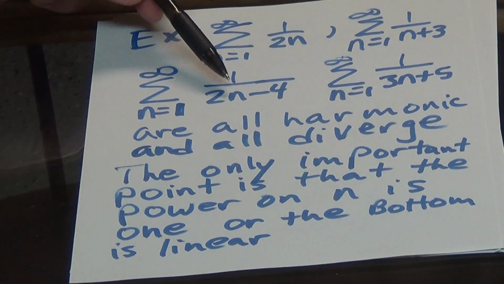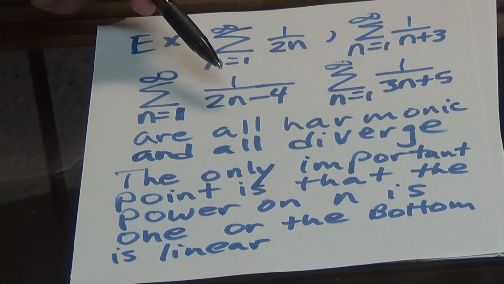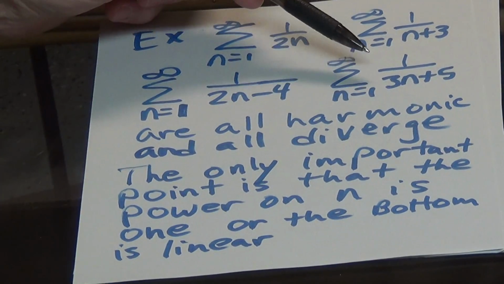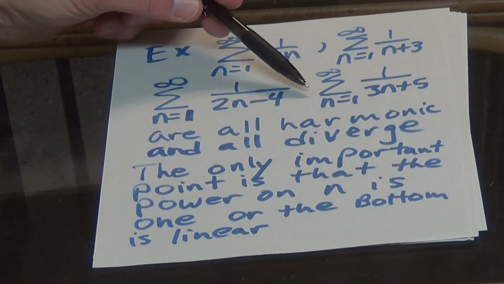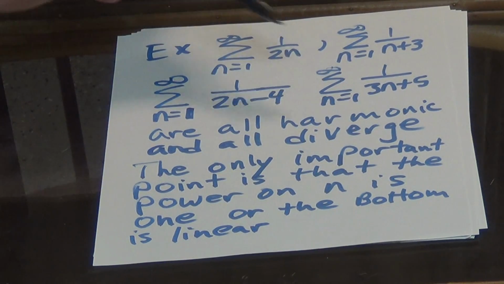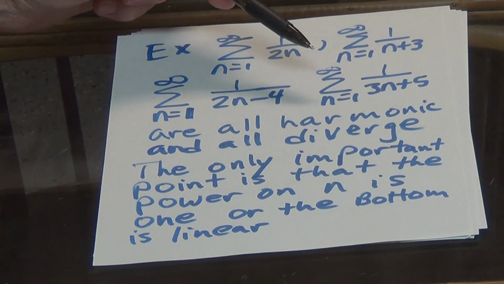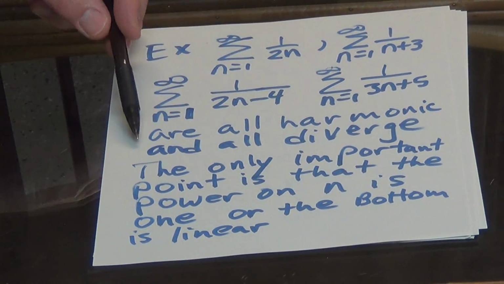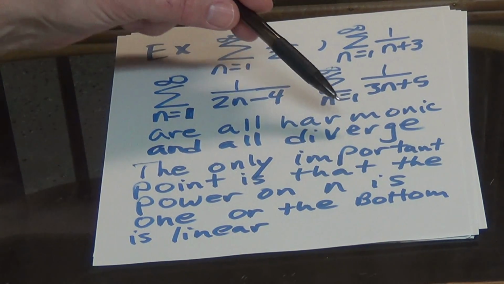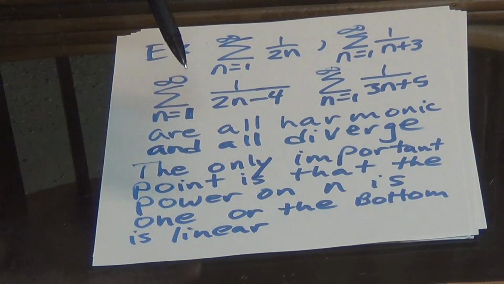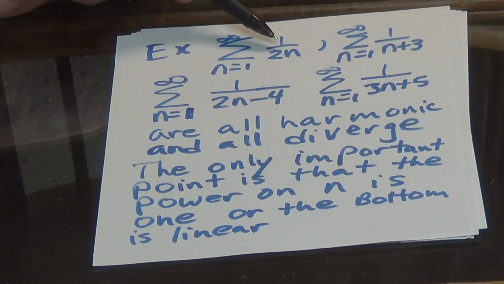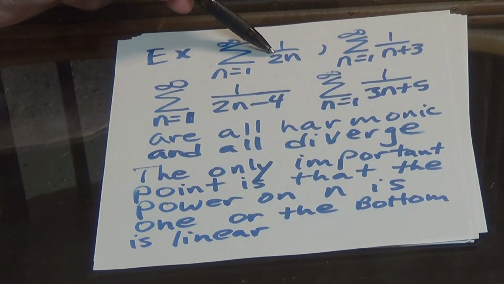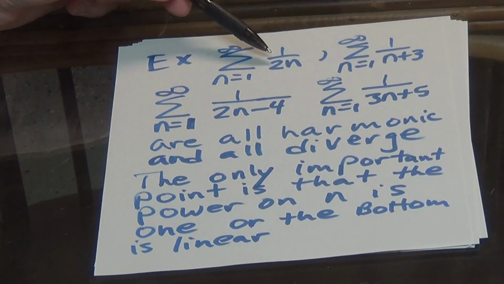If you write out the terms they will just be shifted, but they will still be those positive fractions. When you add them up, you'll add to infinity. These are all harmonic and they all diverge. The only important point is the power on the n is 1. Linear terms on bottom are all harmonic and all diverge.